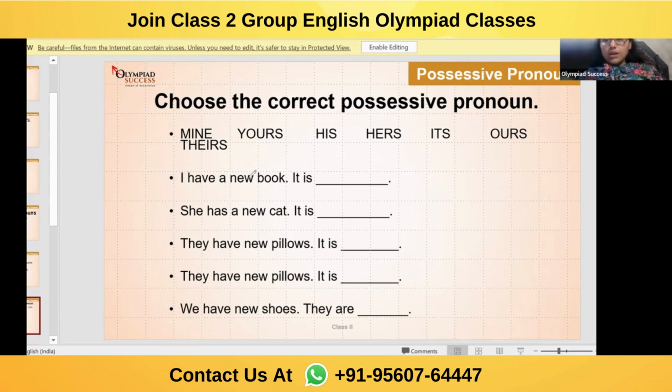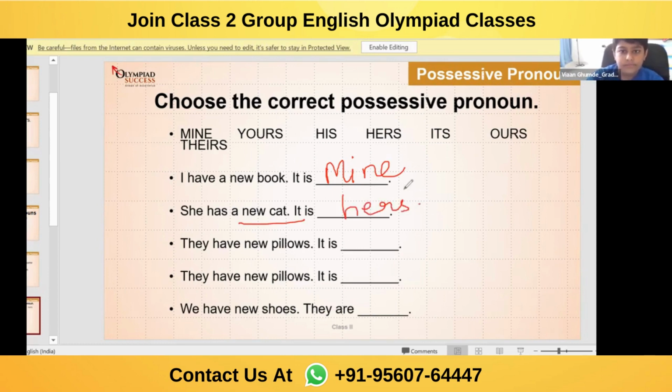Now let's start. First one is for Nisha. I have a new book. It is mine. Very good. Next question is for Vian. She has a new cat. It is hers. Good. Next question is for Vivek.